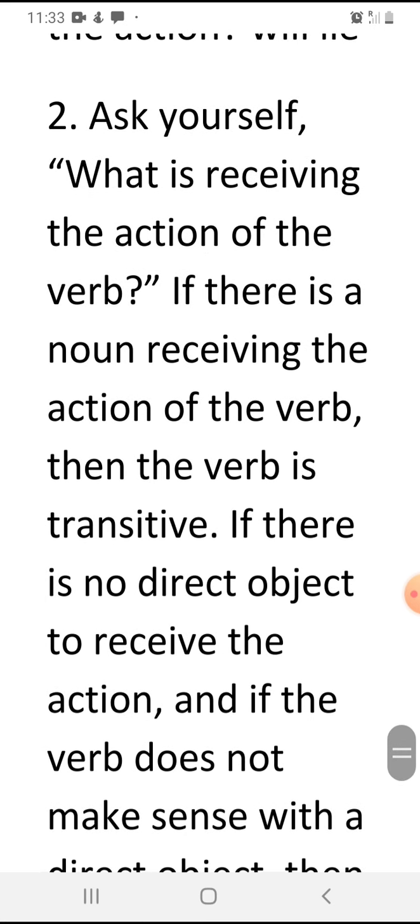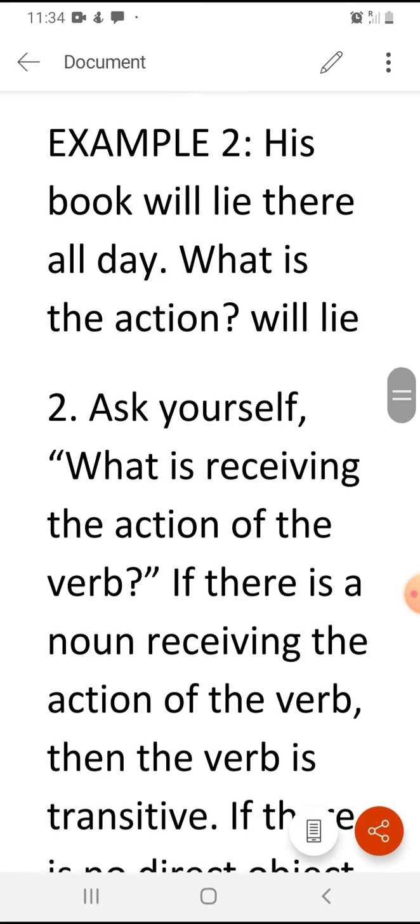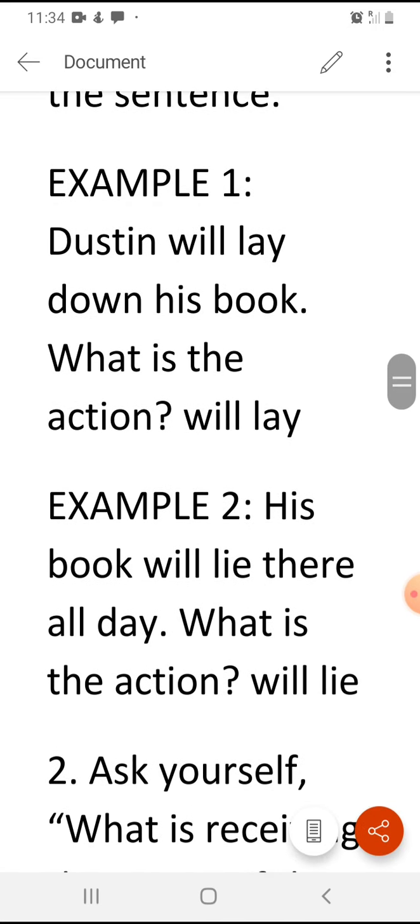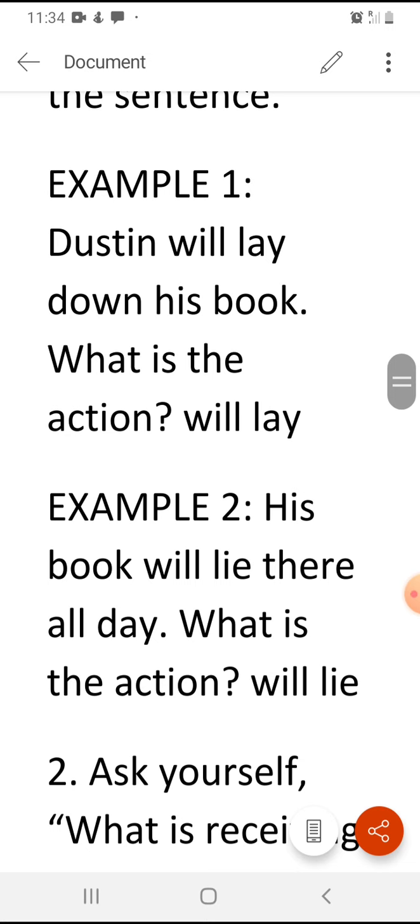Step 2. Ask yourself what is receiving the action of the verb. If there is a noun receiving the action of the verb, then the verb is transitive. Dear students, for finding out the object, we should ask the question what or whom soon after the verb. In this sentence, Dustin will lay down his book.